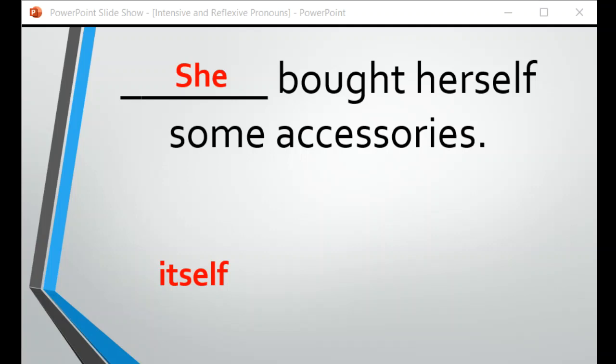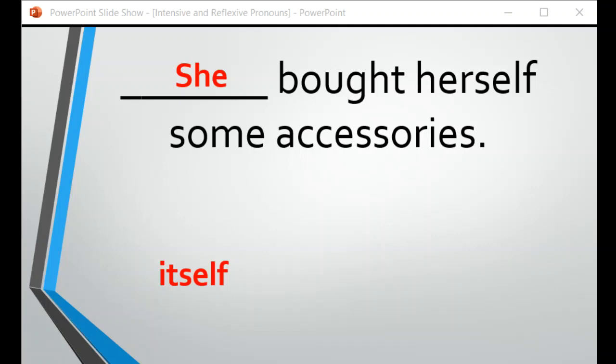Could you repeat? This time, what then is your answer? You are right. The answer can be a name of a female or a female pronoun.